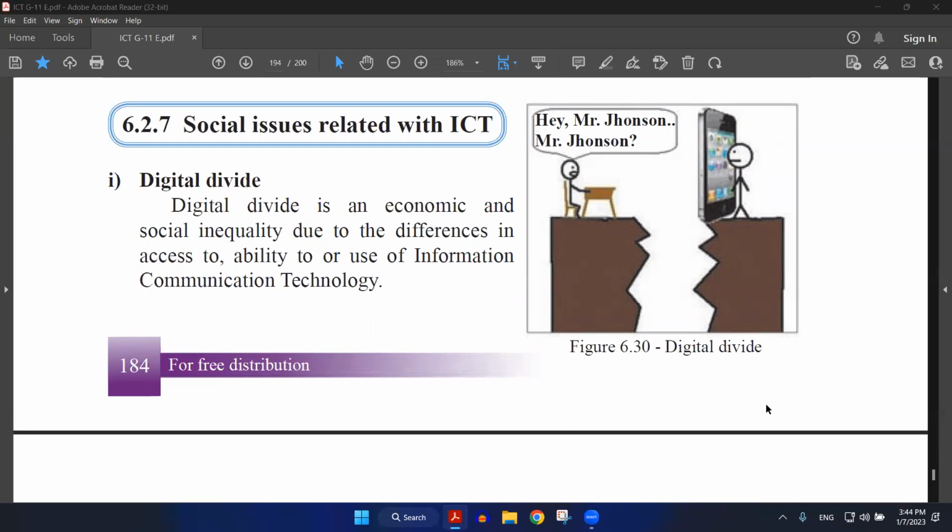For several different reasons, there are people who cannot access information and communication technology. Because of that, there are people who do not know about ICT and there are people who do know about ICT, right? That particular division is called the digital divide, right?